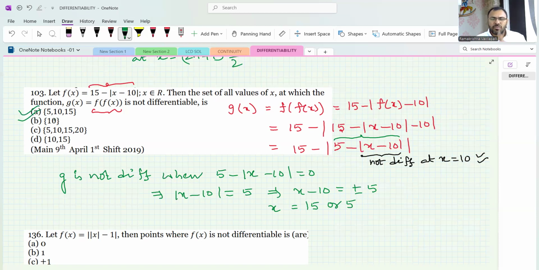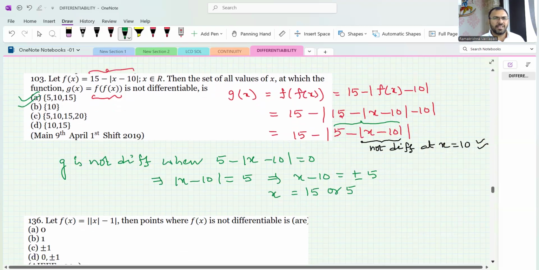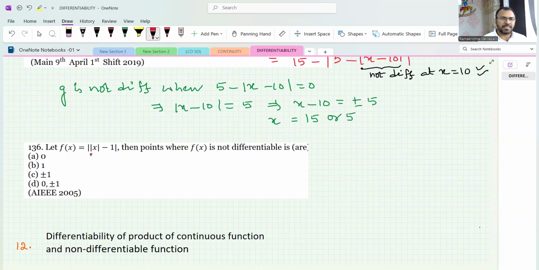Just practice one question fully, wholeheartedly. Once it touches your heart, you can definitely do the remaining questions. Here is one more question, and it is very simple. Here, mod x is not differentiable at 0; this is the innermost.